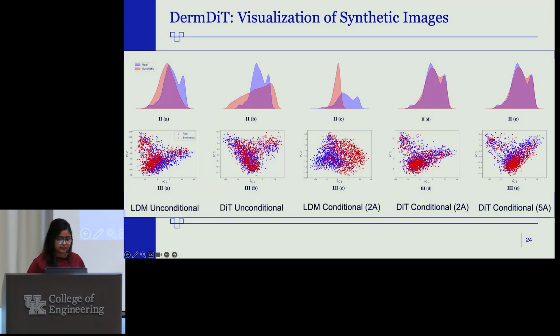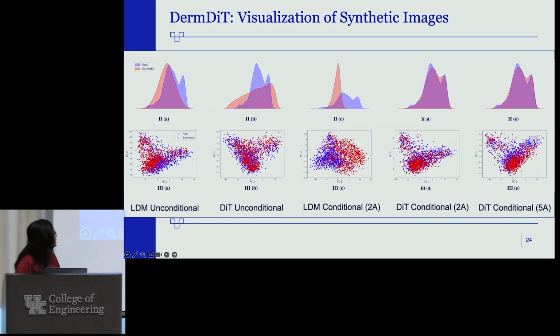So here comes the pixel-wise evaluation that you have mentioned. I have calculated the kernel density plot here to compare the kernel density between real and synthetic images. The first row is the comparison of kernel density plots of the real and synthetic images of these 5 models. If you see these two, the real data density and synthetic data density overlap quite well, which means the generated images are quite similar to the real images.